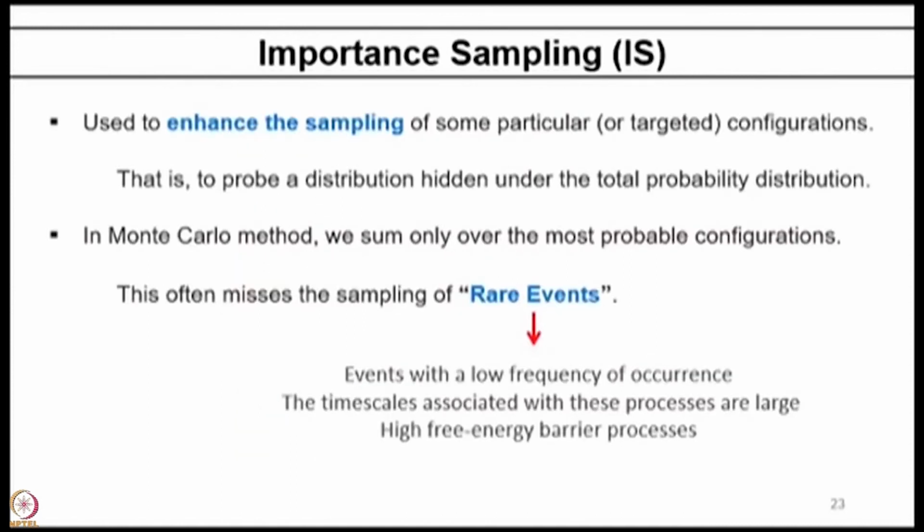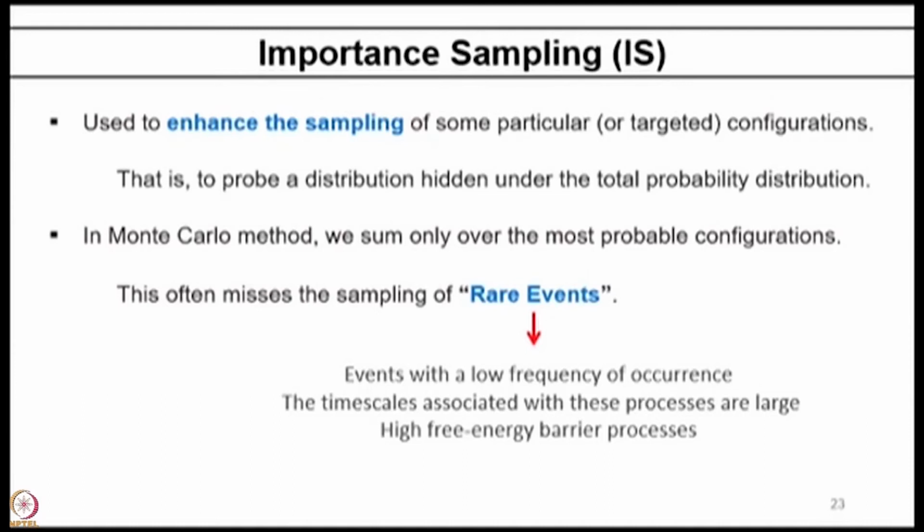There is an important technique that you often use, called importance sampling. It addresses a problem of Monte Carlo simulation, and also of molecular dynamics simulation. The problem is that once the system goes into a trap or a deeper minimum, it doesn't come out of that.